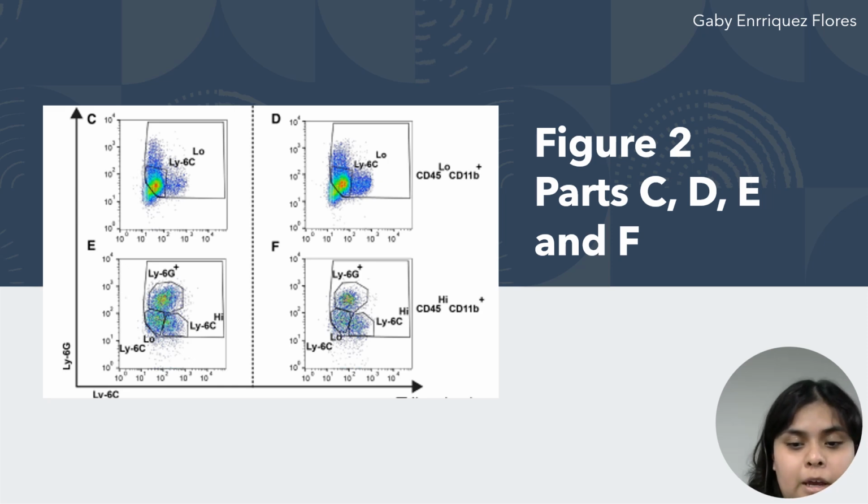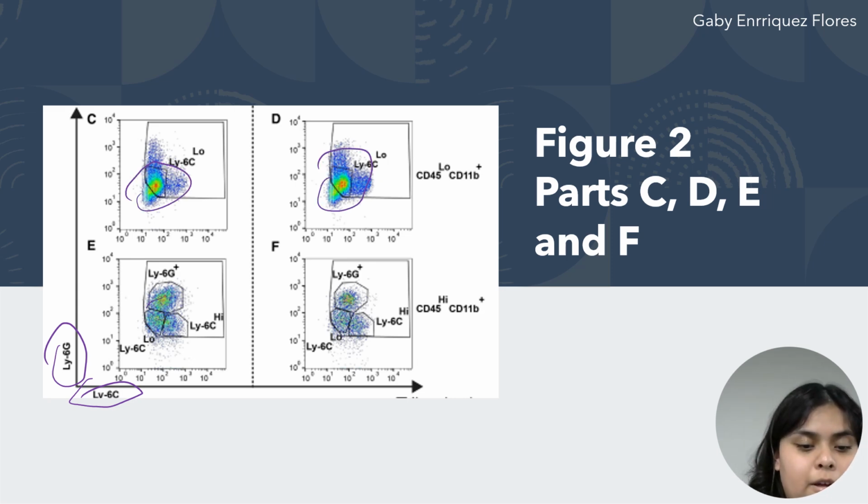So now we're looking at parts C through F, and as we can see here, this is comparing LY-6G and LY-6C expressions. As we can see here, there is less of a cell density change in these graphs compared to A and B in the previous slide, but we can still see that there's a significant change.